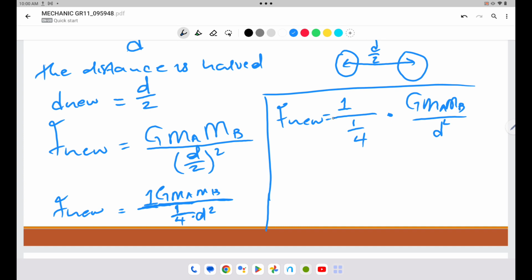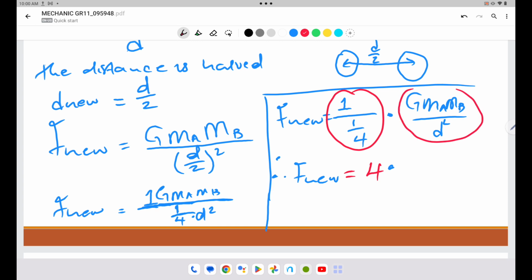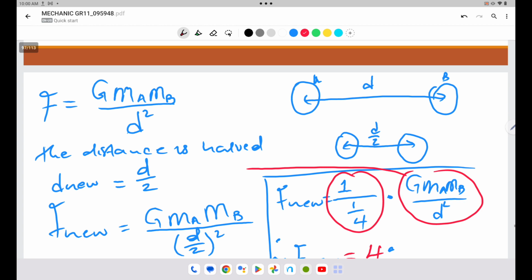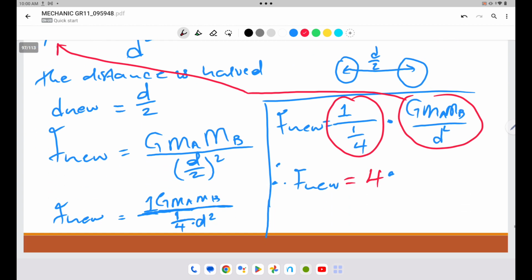Oh, I forgot my equality sign. So therefore, if you simplify this fraction on the calculator, 1 divided by 1 over 4, the calculator will give you 4. So that will be 4 multiplied by, have we seen this before? Yes, we have seen it. That was actually F, so I'm going to replace it by F. So it means that the new force is 4 times the old force.